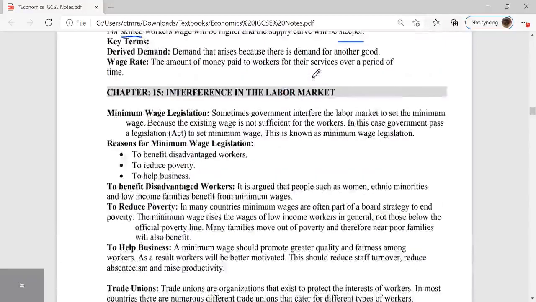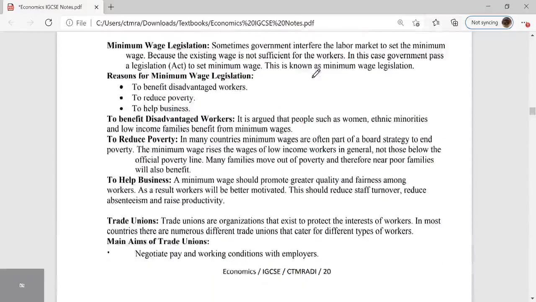Over here you'll find interference in the labor market. It can be interfered with by the government and the trade union. These are the two most popular interferences in the labor market. Minimum wage legislation is a method of interference in the labor market by the government.